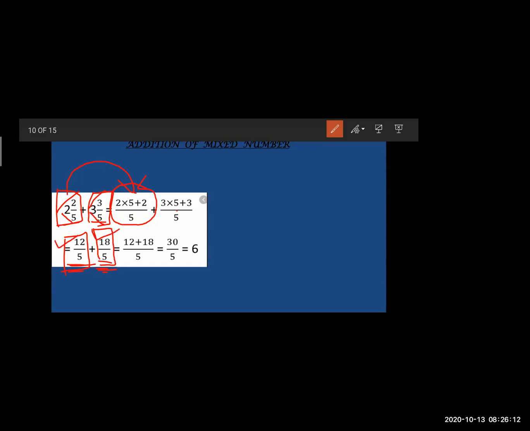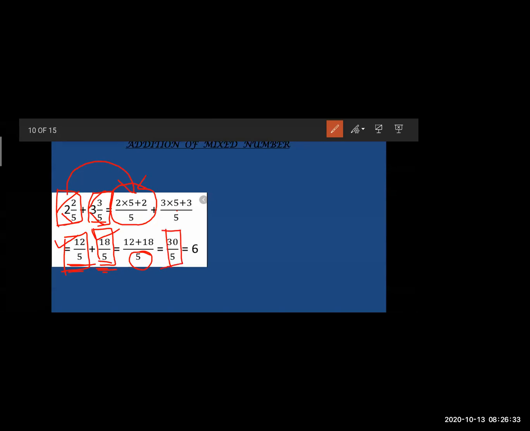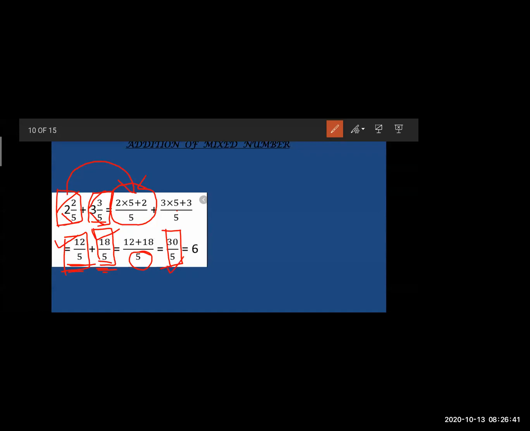So you will just add the numerator, that is 12 plus 18, and denominator will be common for both the numbers, as denominator always remains the same, it doesn't change. So here we have 12 plus 18 upon 5. 12 plus 18 will give you 30. Very good. 12 plus 18 will give you 30 upon 5, and denominator again will remain same, 30 upon 5.